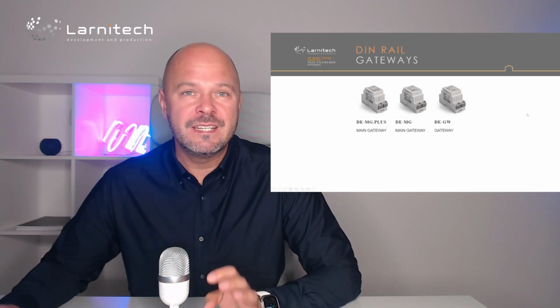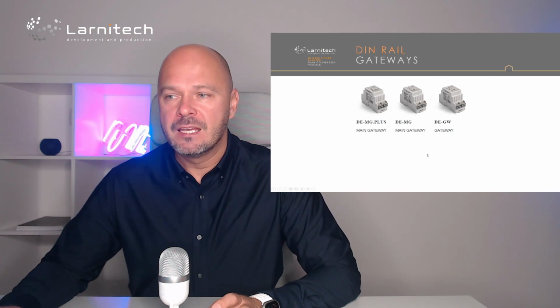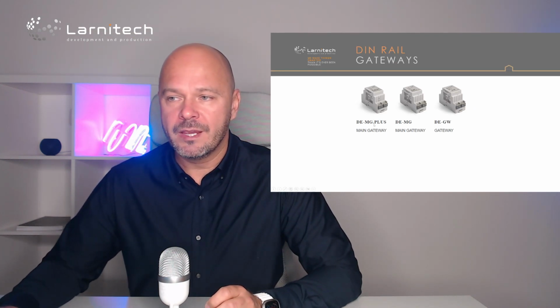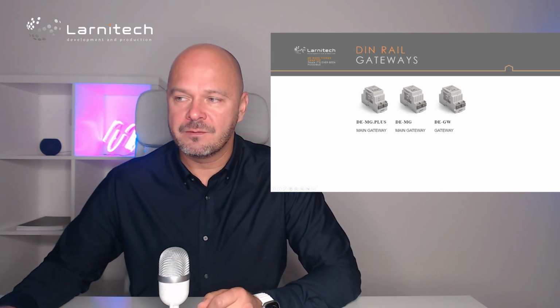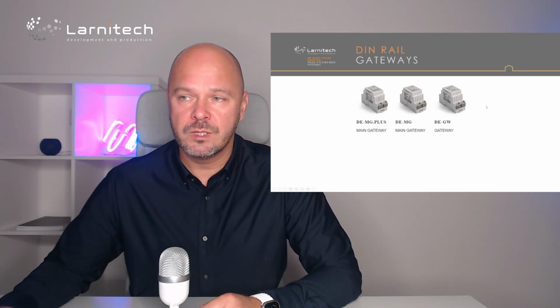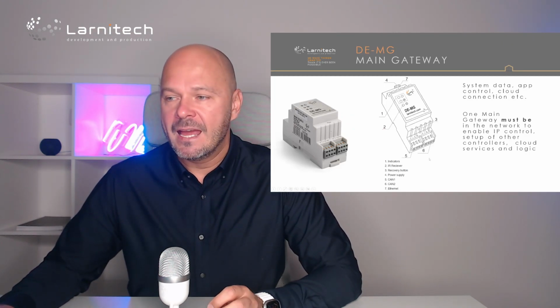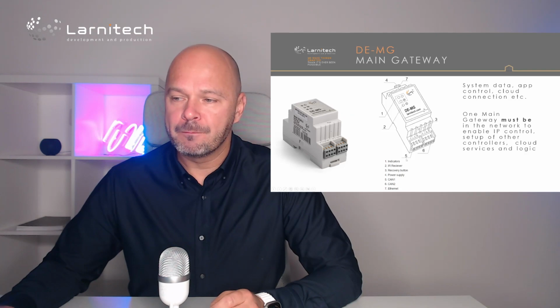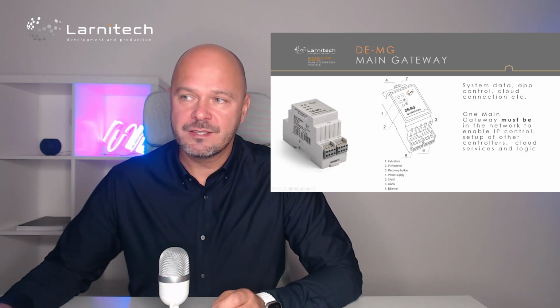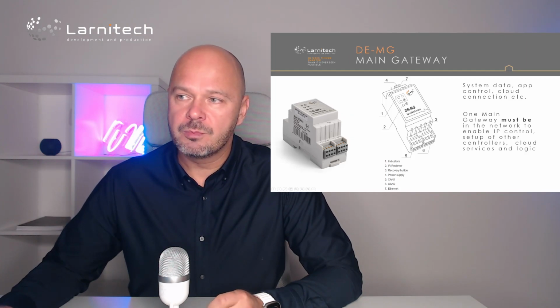We start from DIN rail gateways. As you remember, we have DMG and DMG Plus, and we have just a normal gateway. When do we use them? So this one is DMG, the main gateway. It has 2 buses. It has an Ethernet connection on top, and it has the power connection.